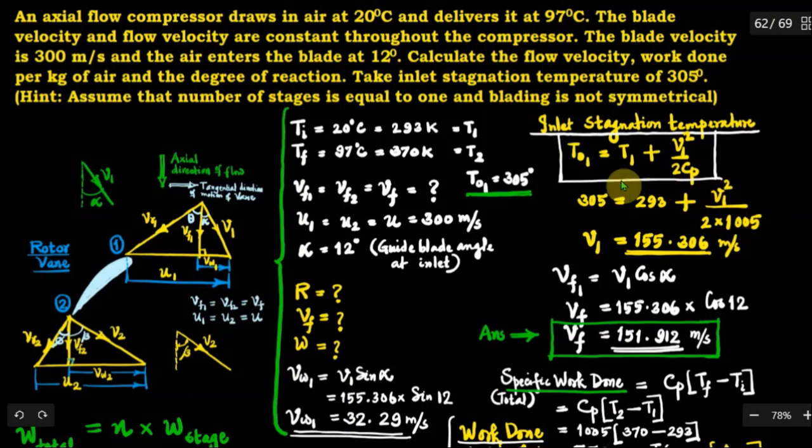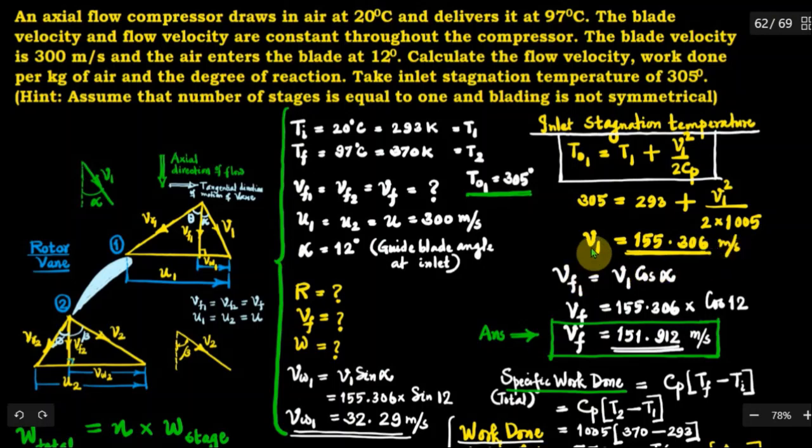So if you substitute all these values, 305 is equal to 293 plus V1 square by 2 into 1005, and if you find the value of V1 taking the remaining terms to the other side, and get the value of V1 square first and then V1, you will get 155.306 meter per second. Please verify these calculations. So V1 is equal to 155.306 meter per second.